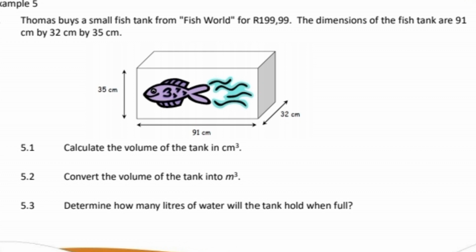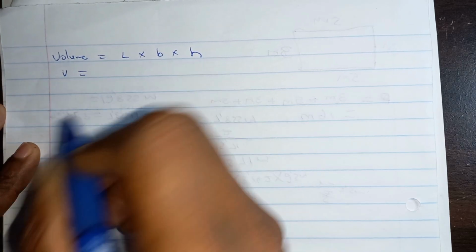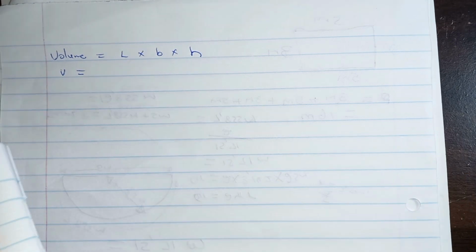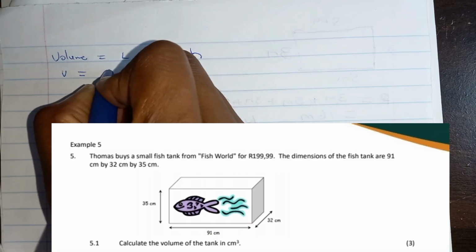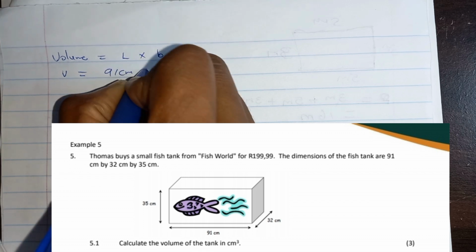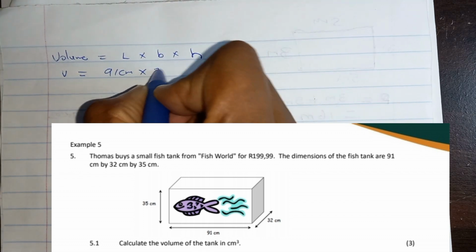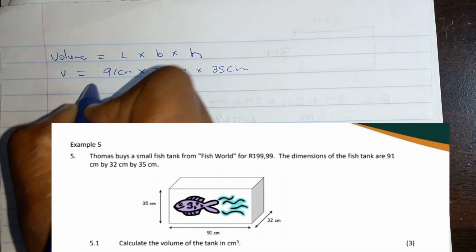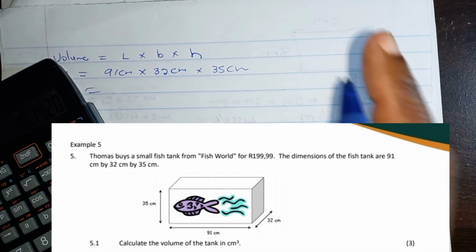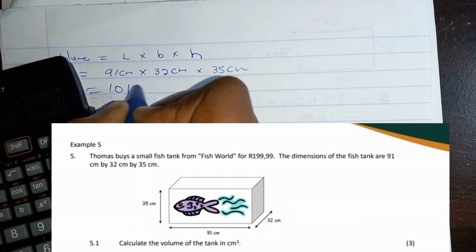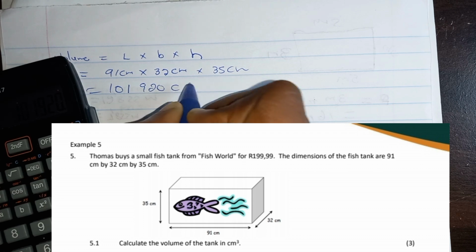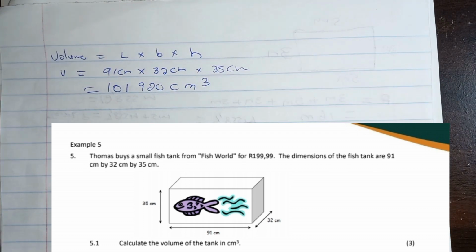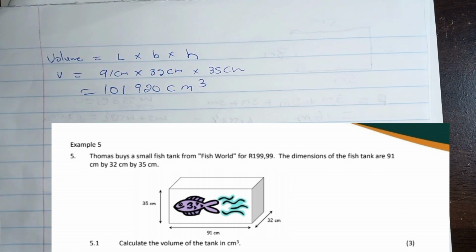Now we see that our length is centimeter, our breadth is centimeter, and our height is centimeter, and our unknown is volume, so we can say volume is equal to, and then substitute the length of 91 centimeters, the breadth of 32 centimeters, and the height of 35 centimeters. That should give us 101,920 centimeter cubed.